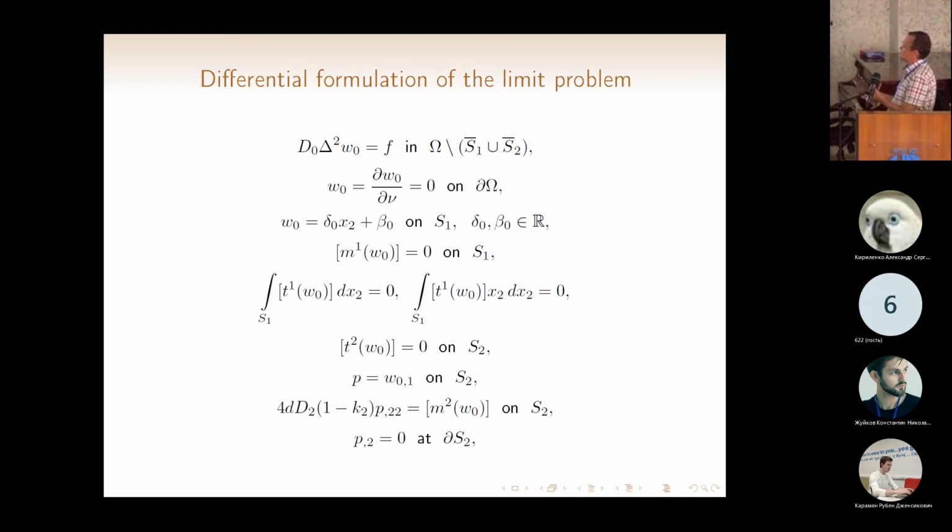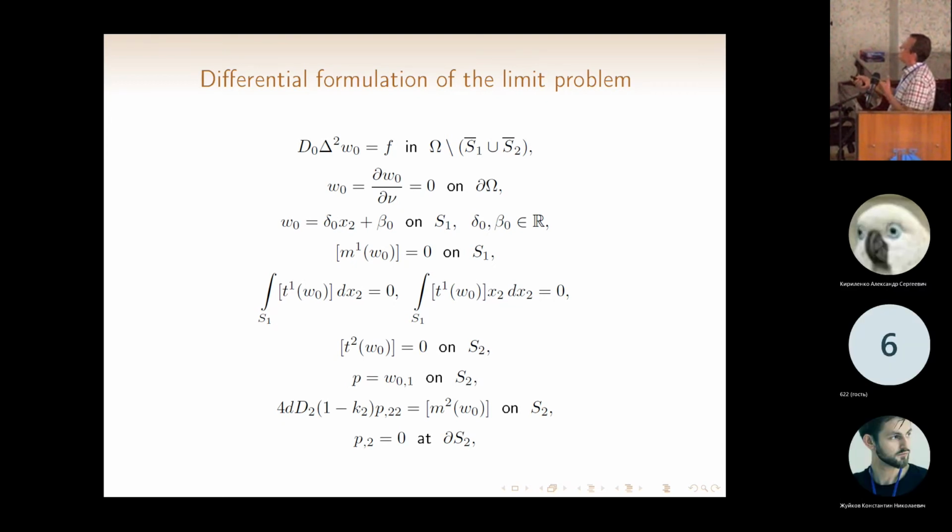Дельта 0 и бета 0 определяются однозначно из самого решения. И вообще говоря, получается не просто краевая задача, а интегро-дифференциальная, потому что на S1 еще выполняются три интегральные условия. M1 и T1 это некоторые дифференциальные операторы, а механический смысл это моменты и перерезывающие силы. То есть скачок моментов равен нулю, интеграл скачка равен нулю и интеграл скачка, умноженный на x1, то есть момент перерезывающей силы T1, тоже равен нулю. С механической точки зрения это означает, что тонкое жесткое включение находится в равновесии.